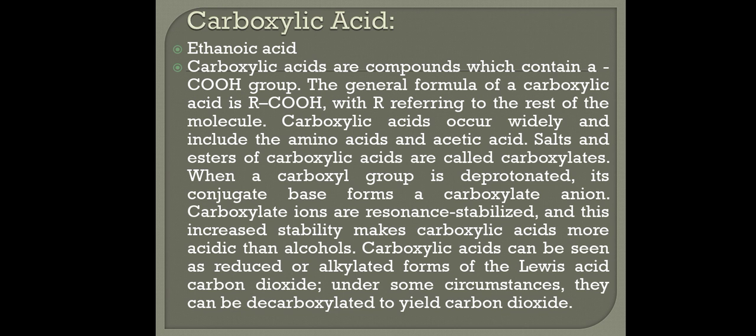When a carboxylic group is deprotonated, its conjugate base forms a carboxylate anion. Carboxylate ions are resonance stabilized, and this increased stability makes carboxylic acids more acidic than alcohols. Carboxylic acids can be seen as reduced or alkylated forms of the Lewis acid, carbon dioxide. Under some circumstances, they can be decarboxylated to yield carbon dioxide.